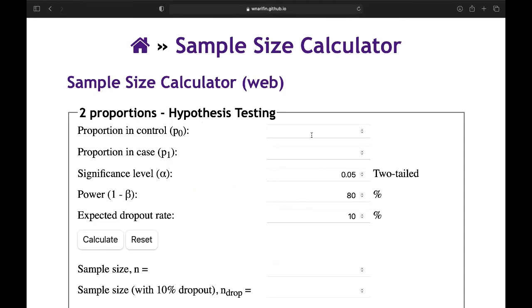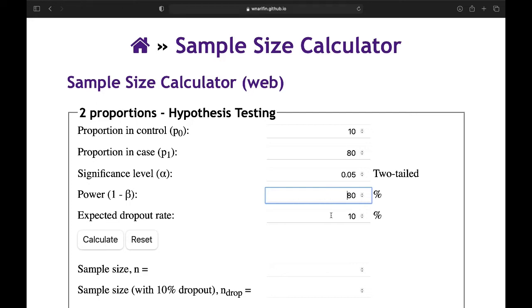Our assumption is healthy people will show 10% of them will show galactomannan presence and 80% of invasive aspergillosis samples will show galactomannan presence. We will assume alpha or type 1 error of 5%, which means confidence of 95%, and we will assume power of 80%, which means type 2 error of 20%.